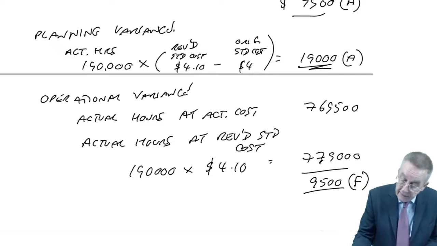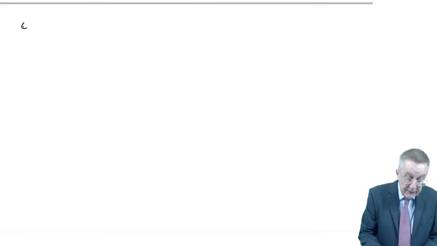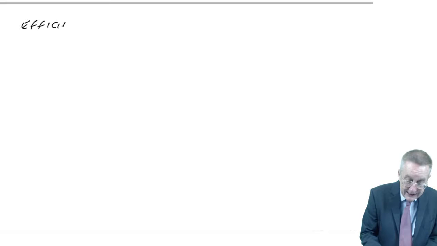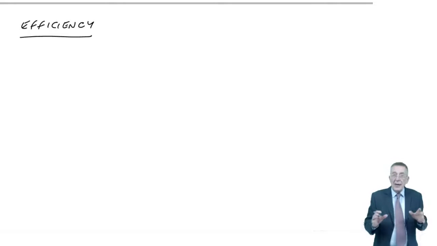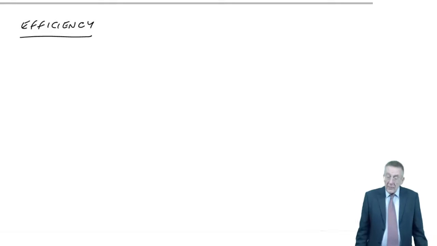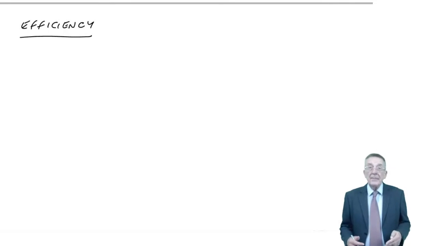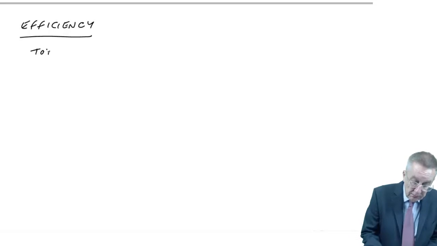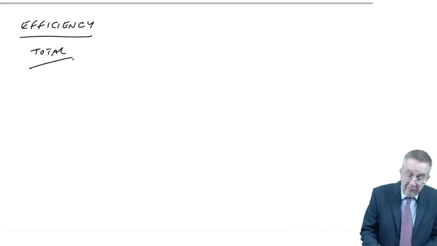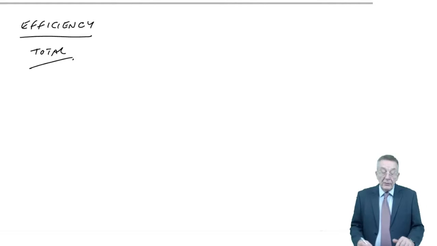That's rate of pay. Finally, let's do the efficiency variance. Again, I'll do it in total first, the total F2 variance, and then we'll analyse. Obviously in the exam only do what's asked, but that's the most likely. So first of all, the total, the normal F2 variance.